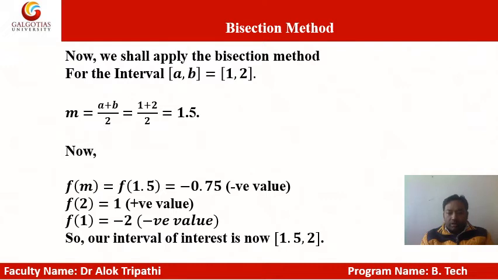Okay, now we can see that the interval is shrinking. We are bisecting the interval, and every time the length of the new interval is smaller than the previous one.